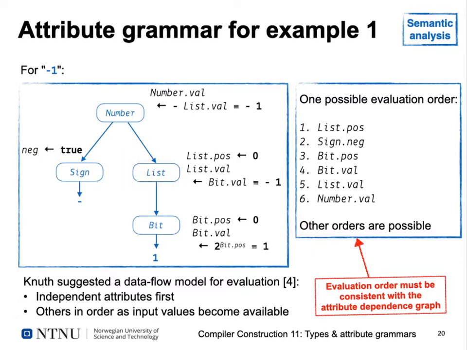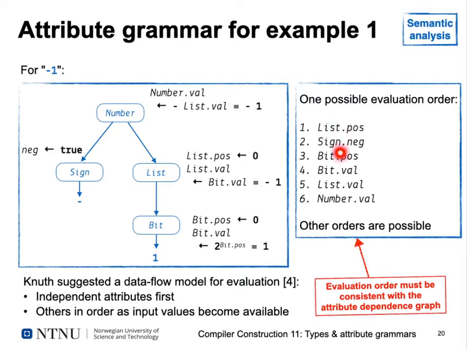When we do this for the first time, we initialize our list position to 0, and then finally we go down to our bit. We know our bit position is 0, so our bit value is 2 to the power of 0, which is equal to 1. We return 0 as pos, value as 1, go up, and then can finally return this information up to our number, and our number can then return its value -1.